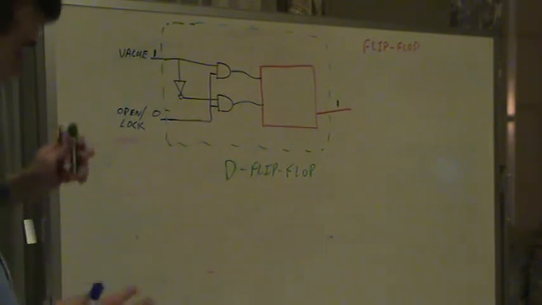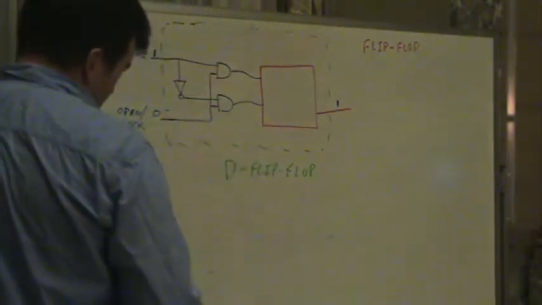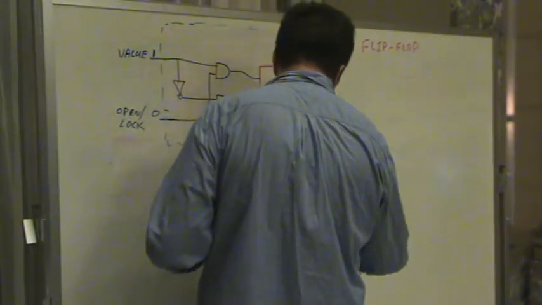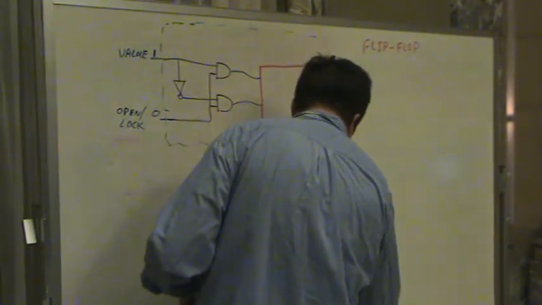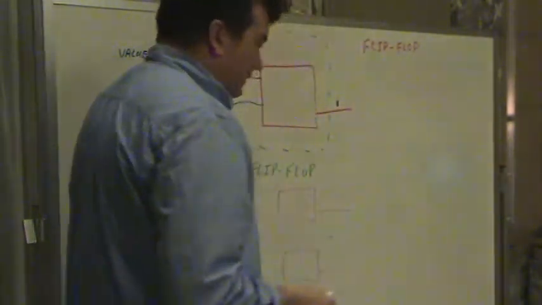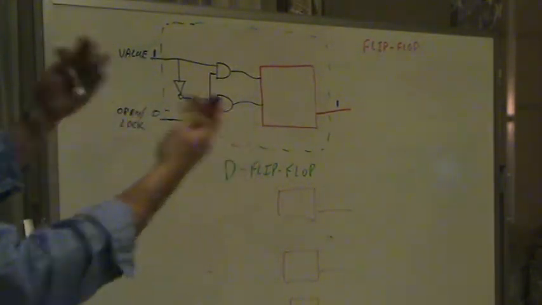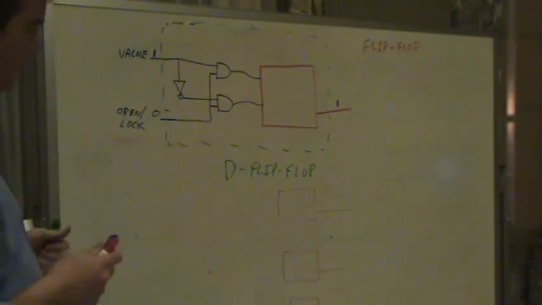Okay? Now suppose we had a series of these next to each other. Suppose we had another one of these coming out and another one of these coming out. Suppose our computer has lots of memory. And at some point in time, we want to capture one of the values of our memory. Not all of them, just one of them.